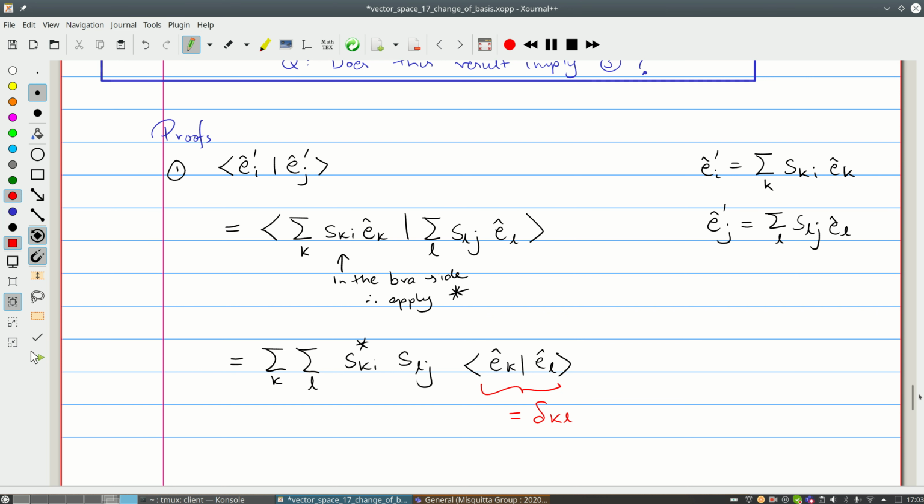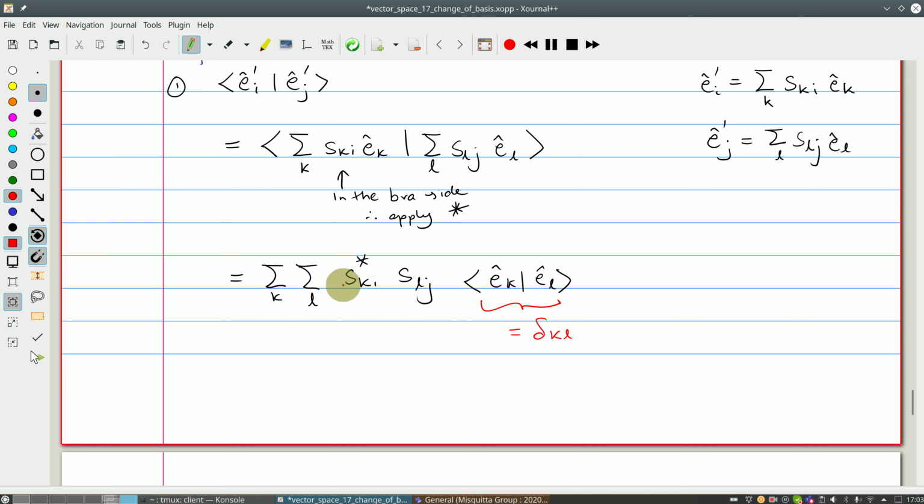And we know what the Kronecker delta does: it sets k equal to l and collapses one of the sums. So this then becomes, I'll keep the sum over k, why not? And we set l equal to k and collapse the l sum. So we get S_ki star S_kj.